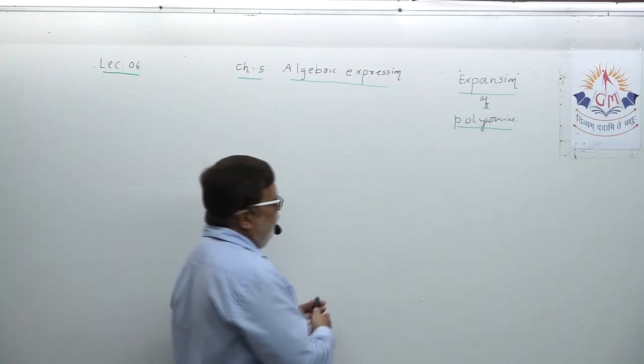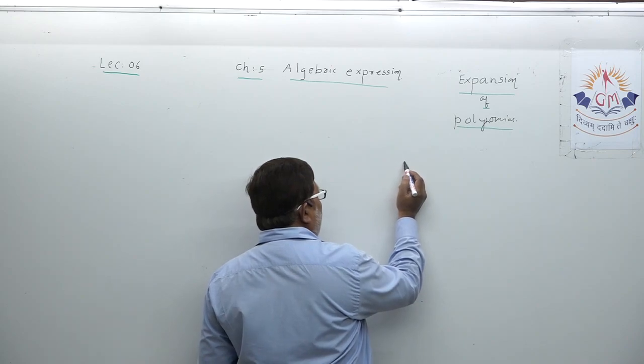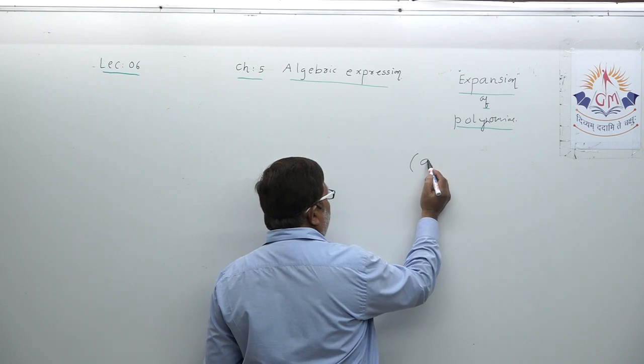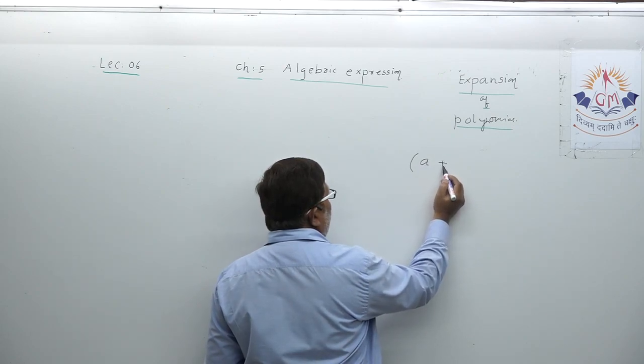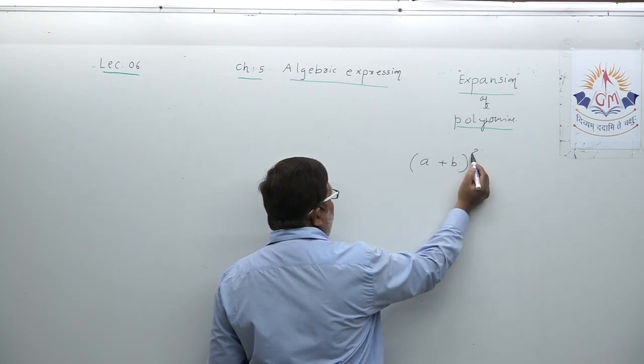That identity you have to remember. What is that identity? A plus b whole square.